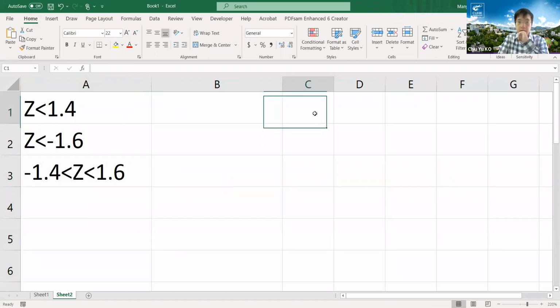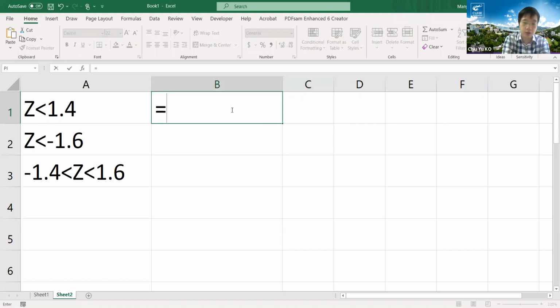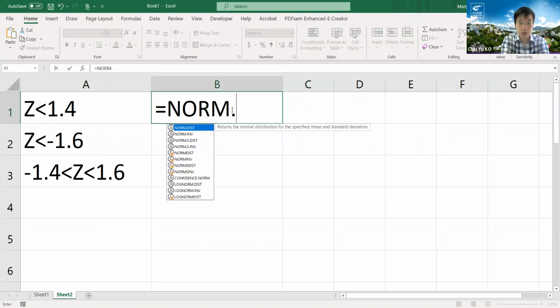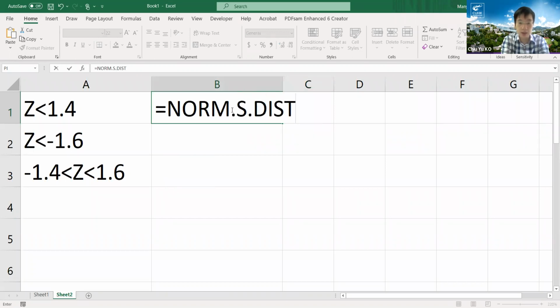So what we are doing is using what we call the NORM.S.DIST function, and we put 1.4, and then we say TRUE. TRUE is what we need for our purpose. TRUE gives you the cumulative function; FALSE gives you the density.